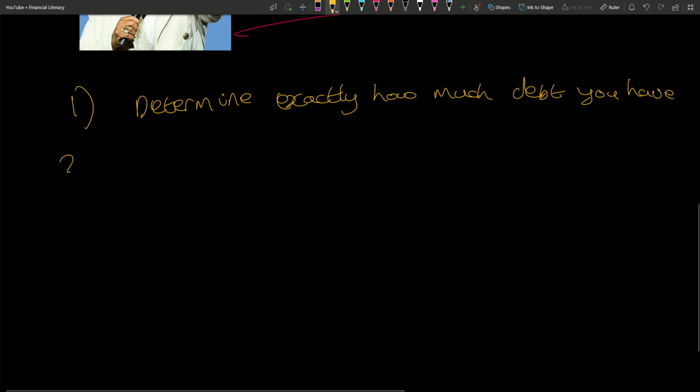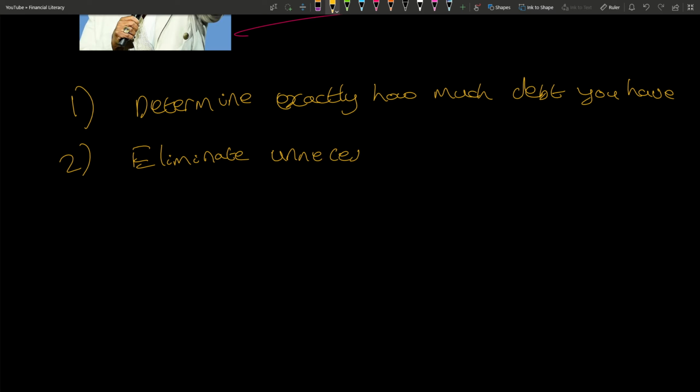Step two is eliminate unnecessary expenses. So honestly, that's a pretty easy one.